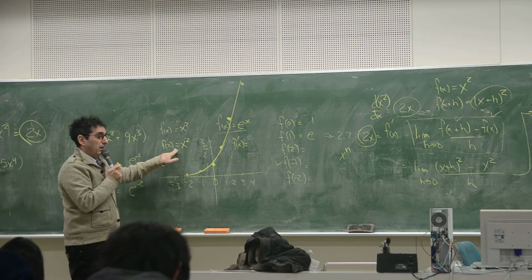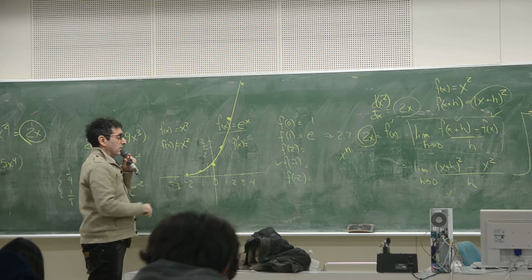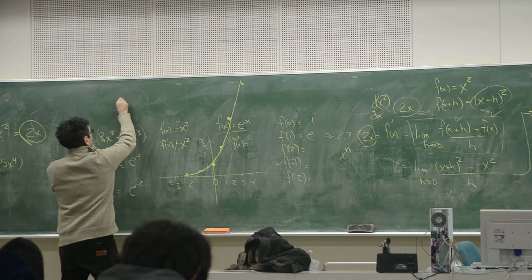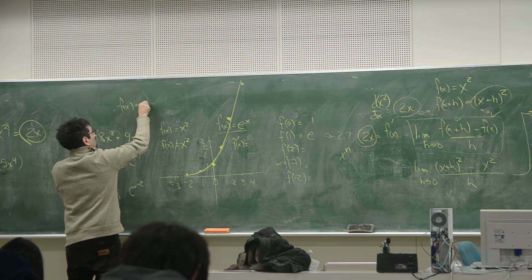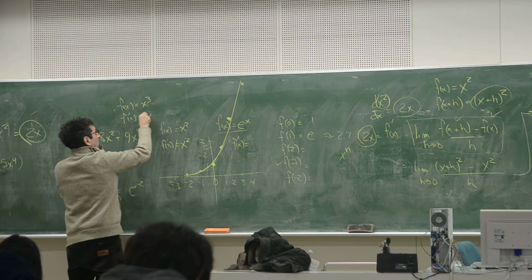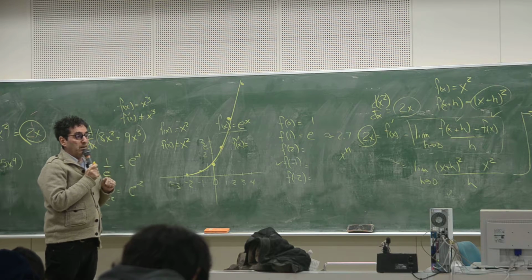The derivative is 2x. And if the original function was x cubed, the derivative is definitely not x cubed. In fact, it's 3x squared.